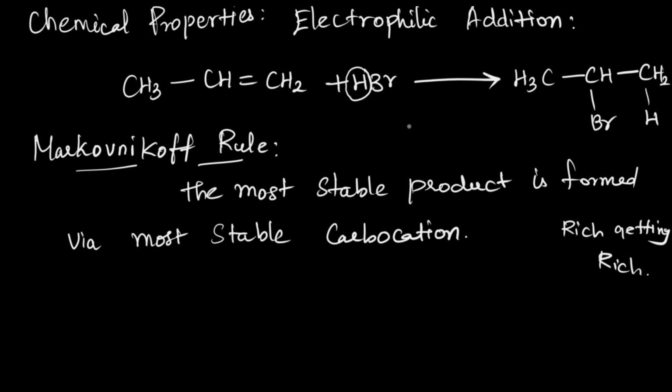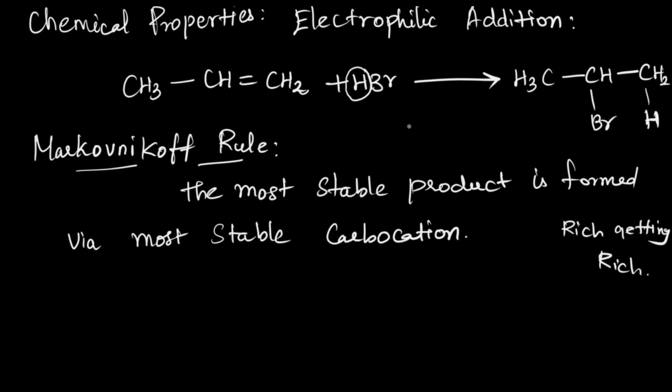So hydrogen goes to where more number of hydrogens are there. Here the more number of hydrogens belongs to CH2. So hydrogen goes to CH2. Or else you can remember it like the negative part will join the more substituted carbon. You can remember it in any way, but you should remember it. Okay, that is about Markovnikov's rule.